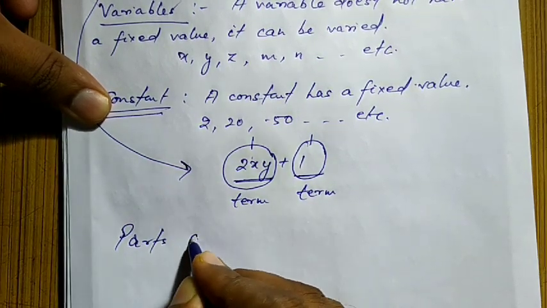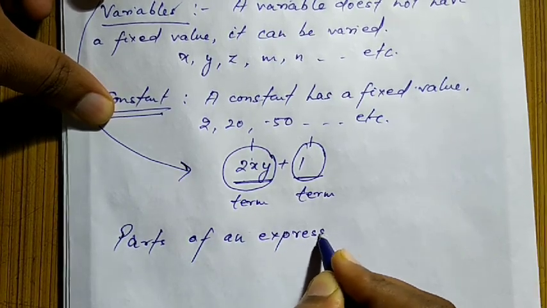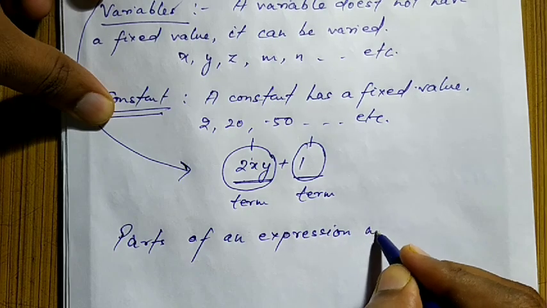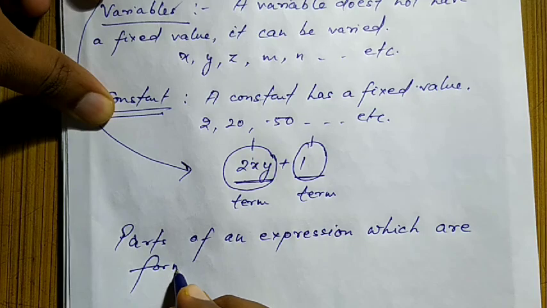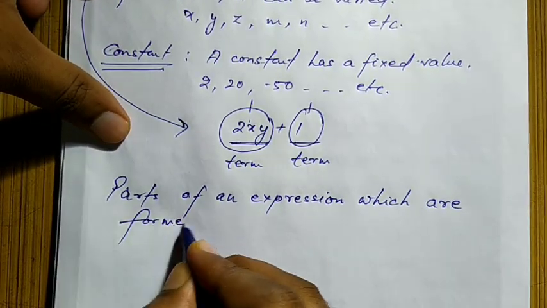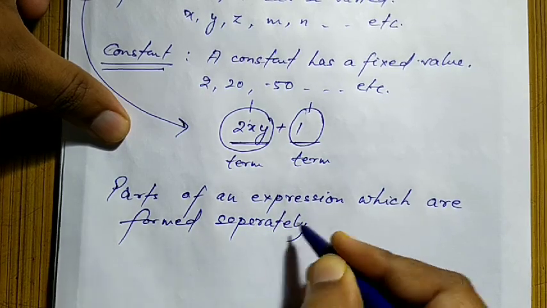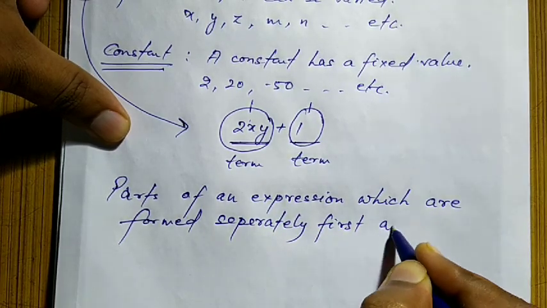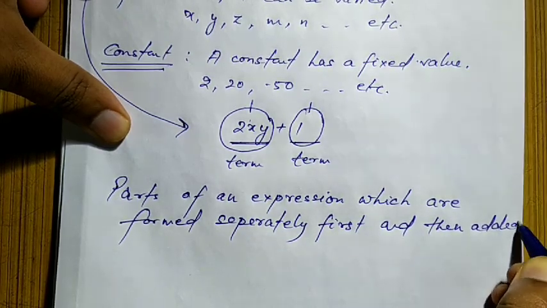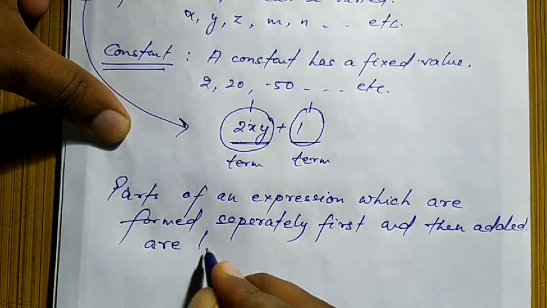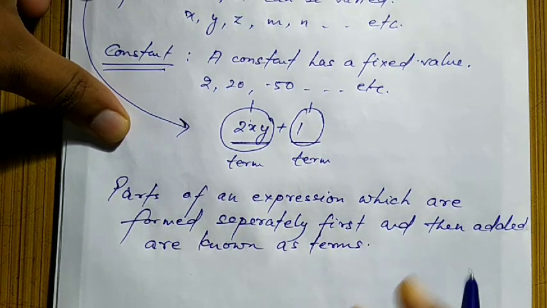So parts of an expression which are formed separately first and then added are known as terms.